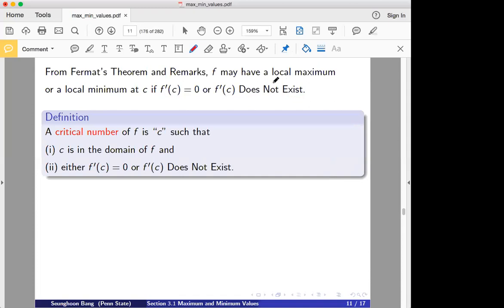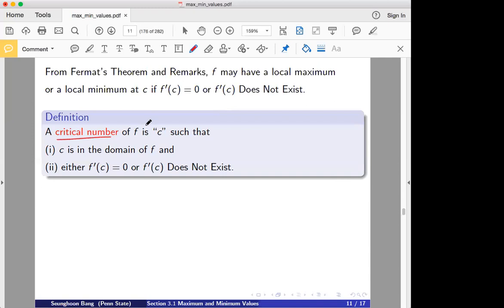This is the definition of a critical number. Why do we need it? Because we may have a local maximum or local minimum at the critical number. Yes, we need to evaluate the critical numbers.